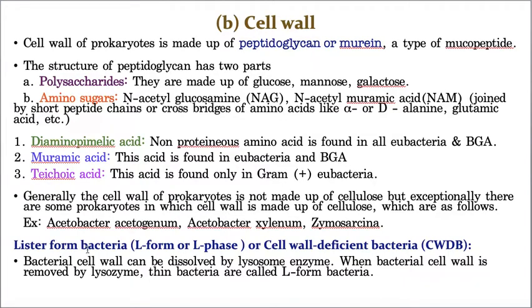Simply, it is called L form or L phase bacteria, otherwise called cell wall deficient bacteria. Very simple. If you remove the cell wall using lysozyme, it becomes thinner. That thin bacteria is called Lister form bacteria.